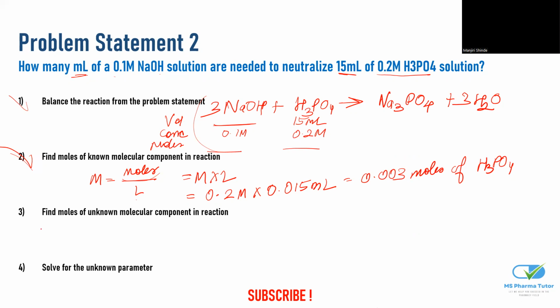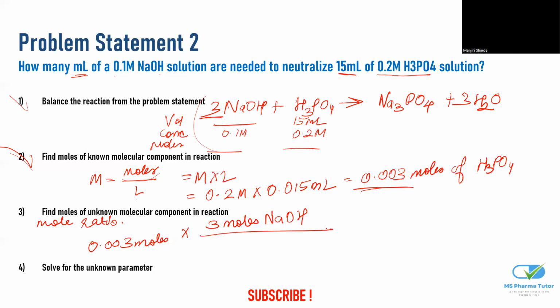Now applying the concept of mole ratio for the unknown part, we will take this 0.003 moles into 3 moles of unknown, that is NaOH, divided by 1 part of H3PO4 needed for neutralizing the reaction.